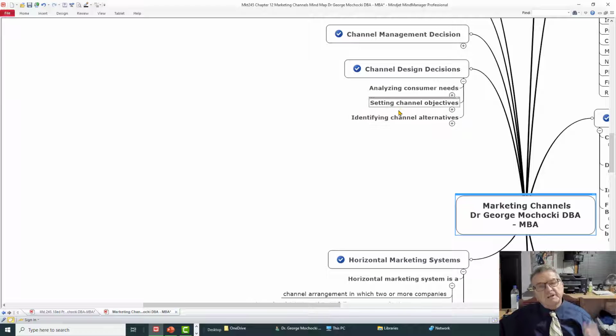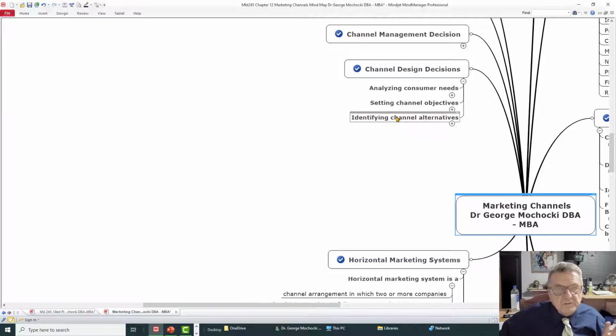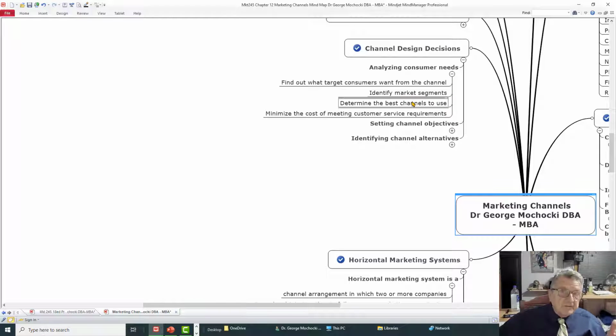Channel design. When I look at a channel, everything is built around the customer. The marketing campaign basically gives the customer all the information. Everything you're doing is focusing on the customer. So you have to analyze the customer's needs, the different segments, which one they want, and how they want it delivered.